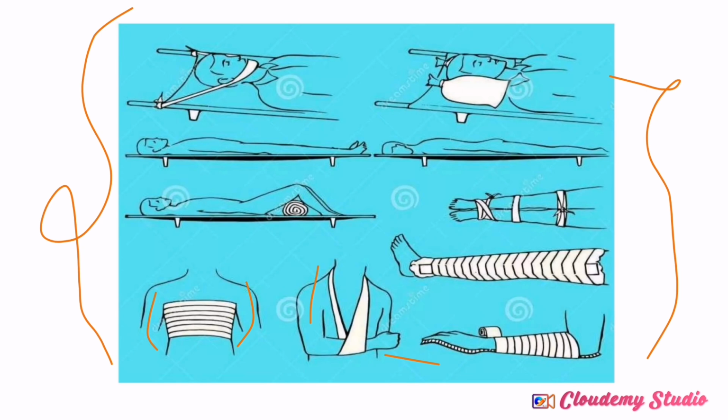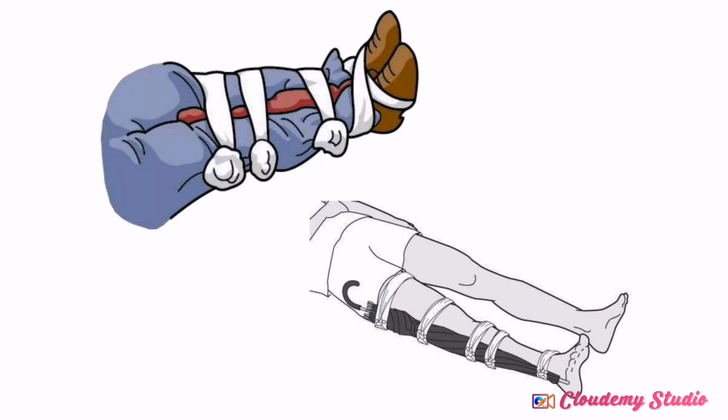That's what this picture is trying to explain here. Okay, so let's move. As you've seen here, this is how they have covered the broken legs, in order to make sure that the patient is stable and to prevent further damage.